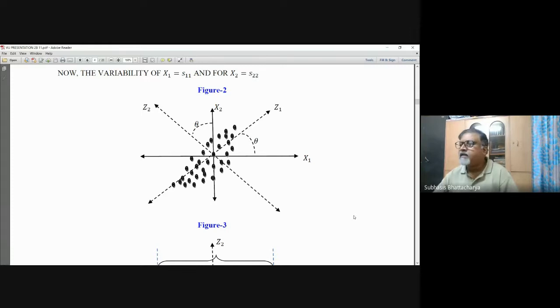Is it clear how the rotation was made? It is a simple anti-clockwise rotation.